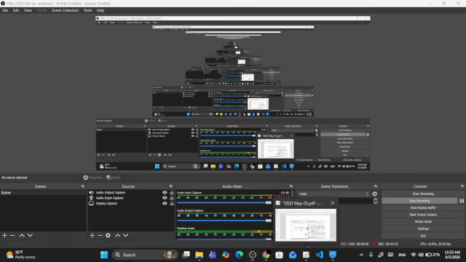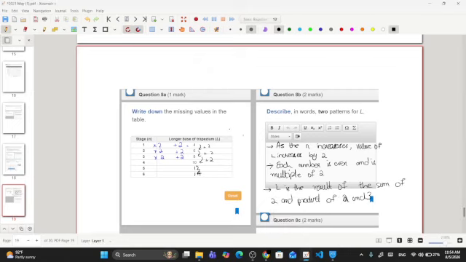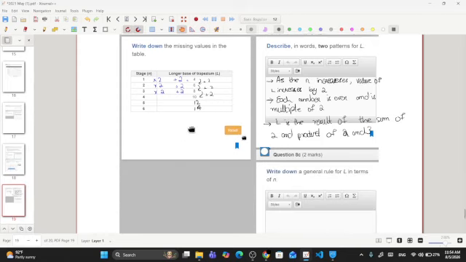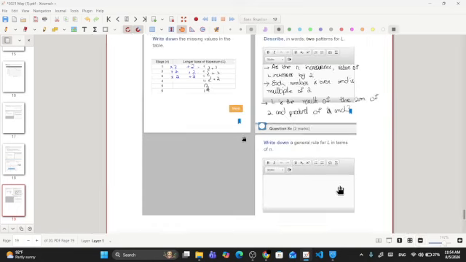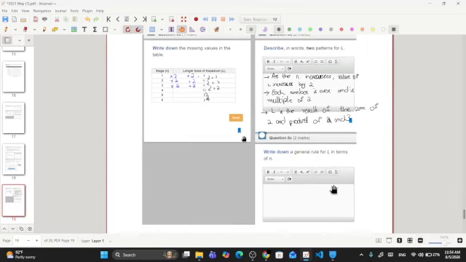Then we are told to write down a general rule for L in terms of n. So the values that we have are 4, 6, 8, 10, 12, 14, and so on, right?